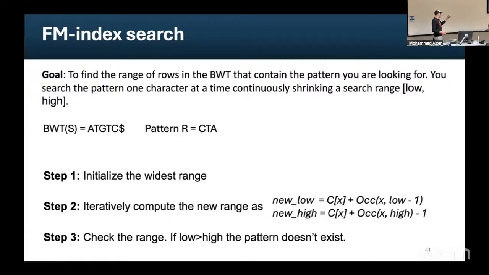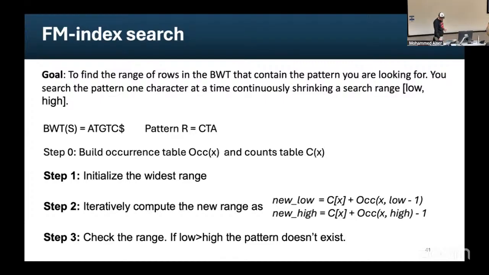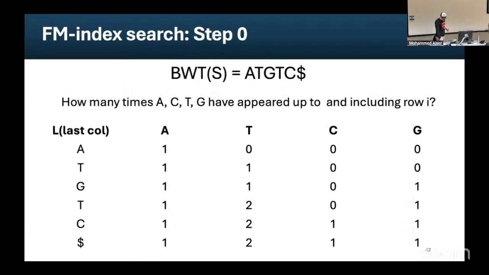You may notice that this formula uses some new symbols that I haven't introduced yet. To compute the new range, we need to build something called the occurrence table and the counts table. So let's try to understand it on a very tiny example. We take our Burrows-Wheeler transform and ask the question: how many times has each character appeared up to and including row i?